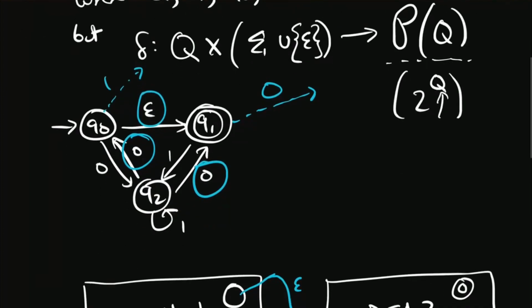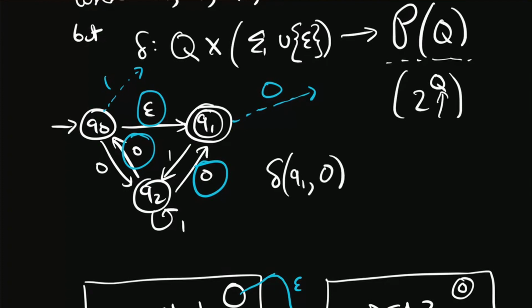Okay, so let's just do one example from this NFA we have here. Let's just look at delta of Q1 on 0. Well, for NFA land, what is the output of the transition function always?